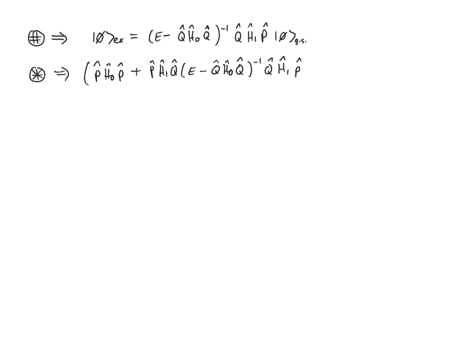So we get something that looks pretty messy. And on the right-hand side, we simply get E times phi ground state. And this is extremely interesting because this is completely exact. There's no approximations here at all.